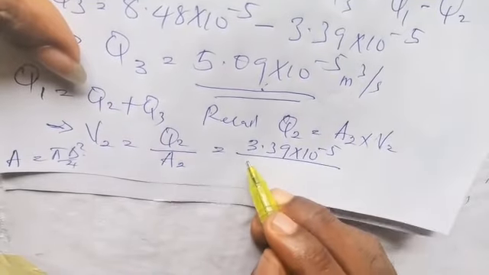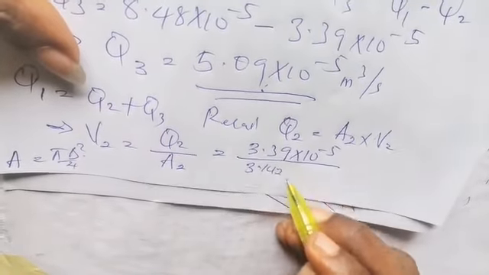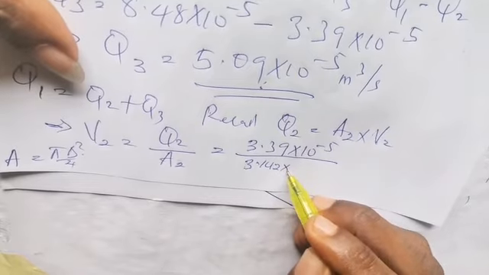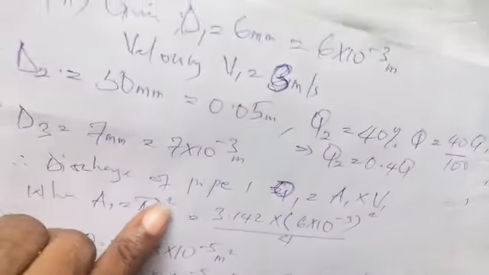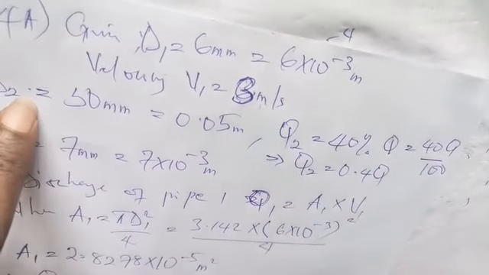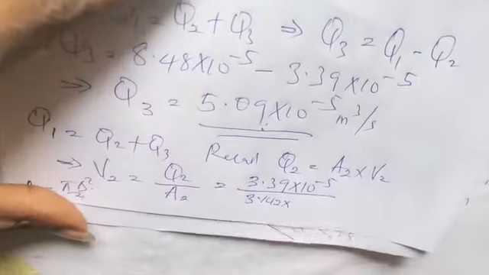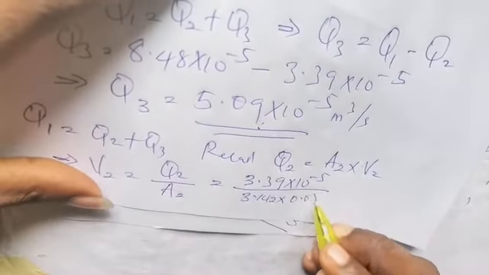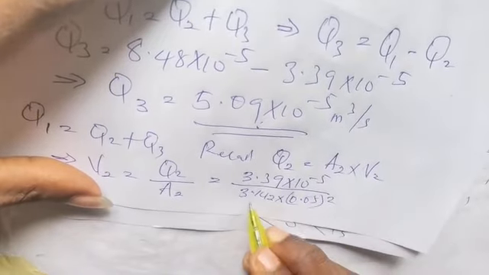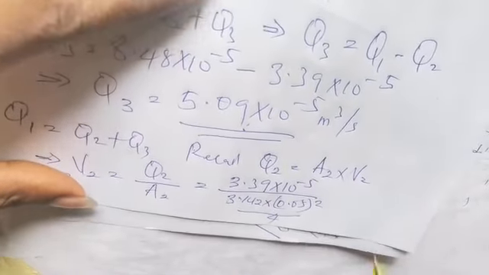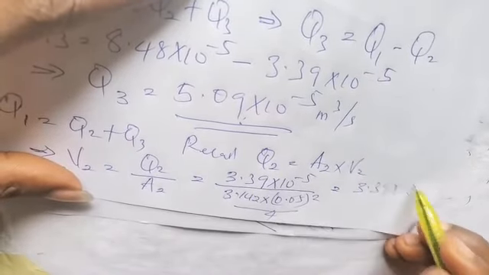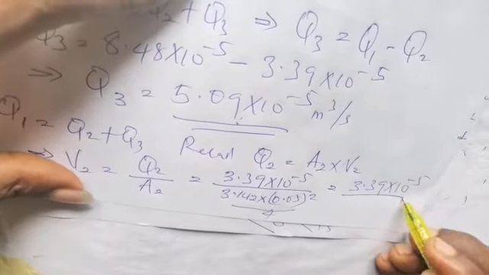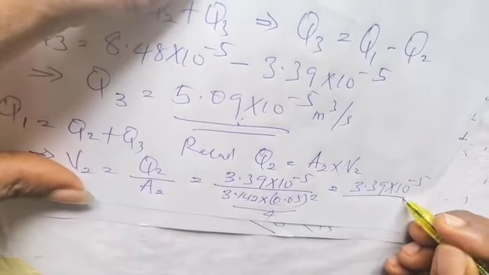So pi is 3.142 times the diameter of pipe 2. Pipe 2 has a diameter of 50 millimeter from the condition given, which gave us 0.05. So we simply put there 0.05 all squared divided by 4. So this will give us 3.39 by 10 to the power of minus 5 all over the area.